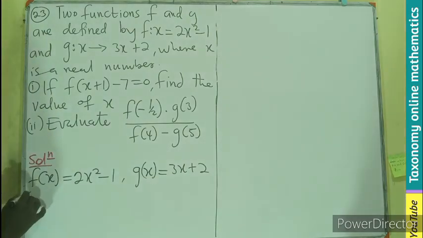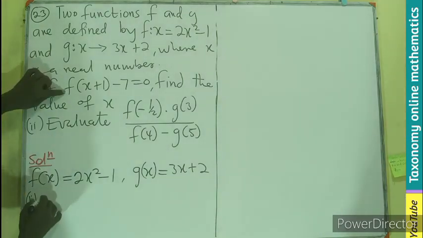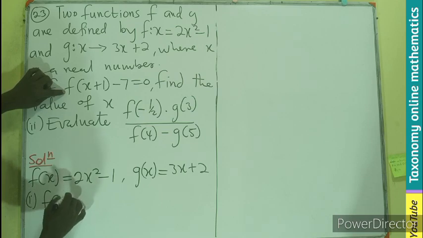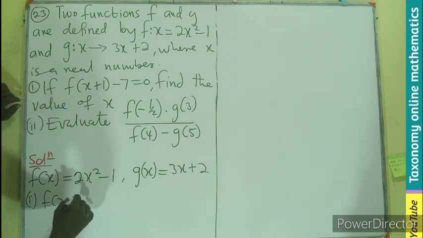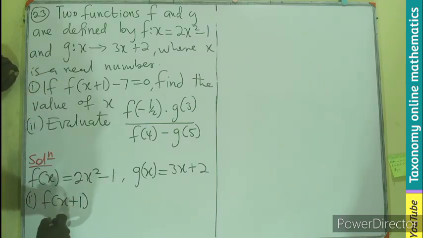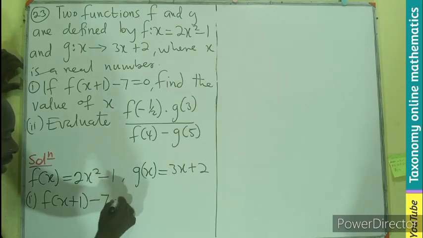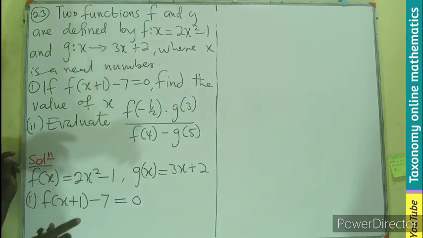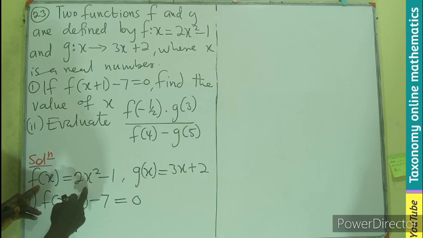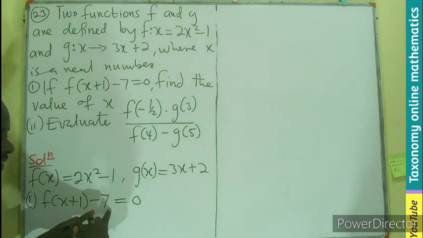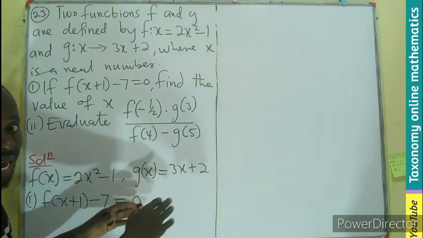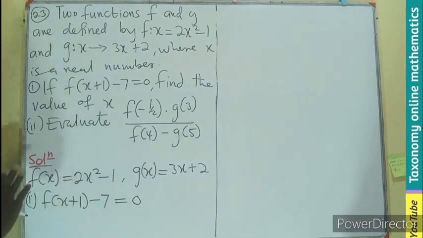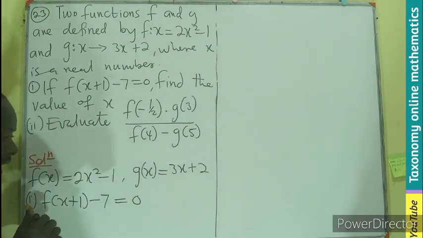So in the case of Roman number 1, where we have f of x plus 1 minus 7 equals 0, there are two ways of doing this. We can deal with this one separately, then introduce the minus 7 and the 0 at the end, or you combine them together as you are moving along. And I'll combine. I don't have enough space.